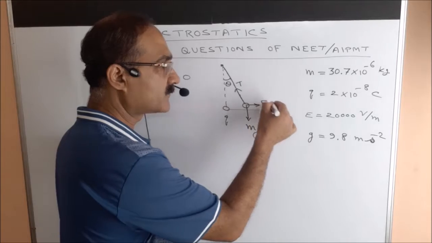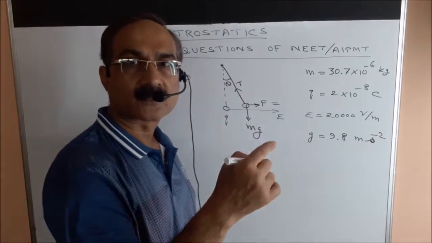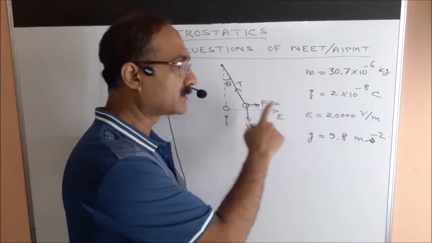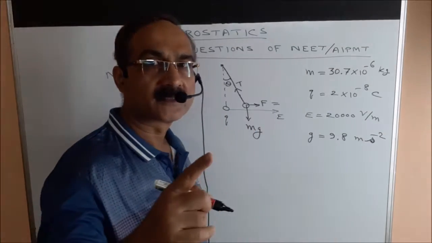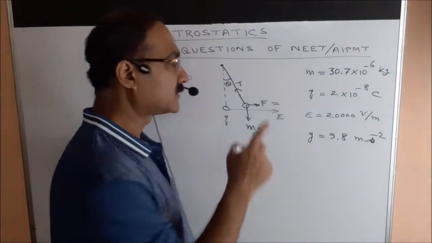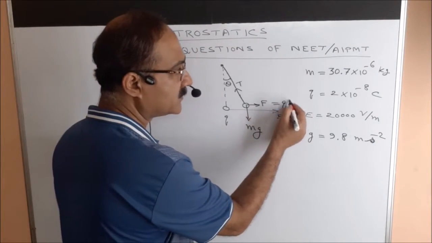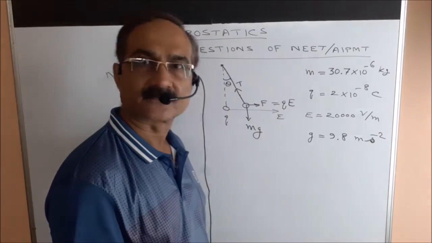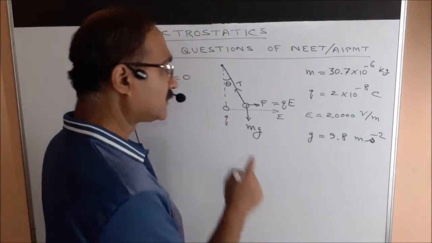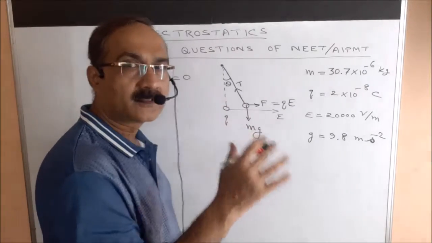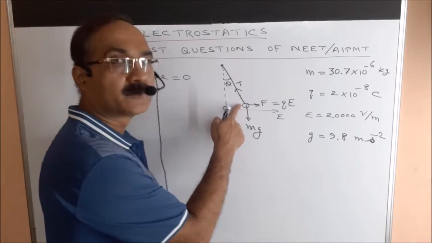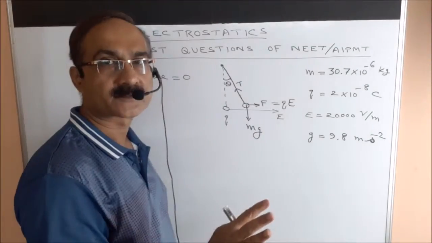So how much will this force be? Charged particle in an electric field, formula number 8. So that force will be equal to Q into E, right? There are no other forces acting on this bob. These are the three forces.